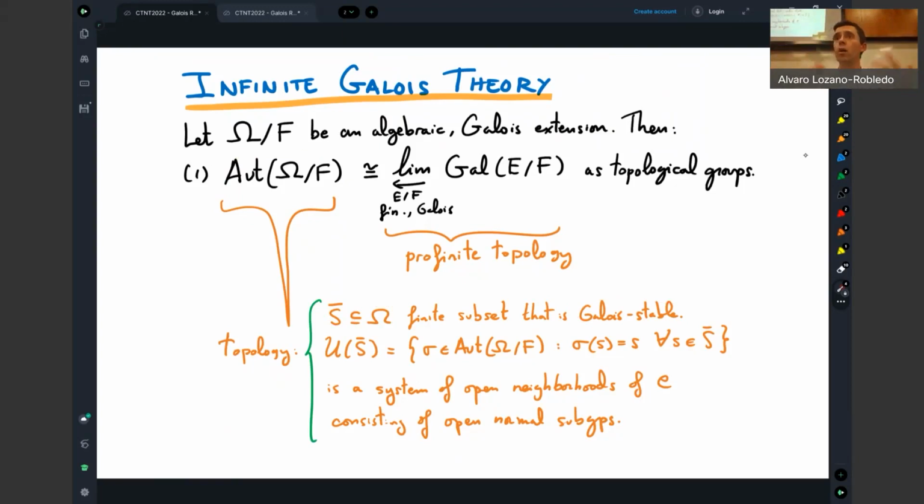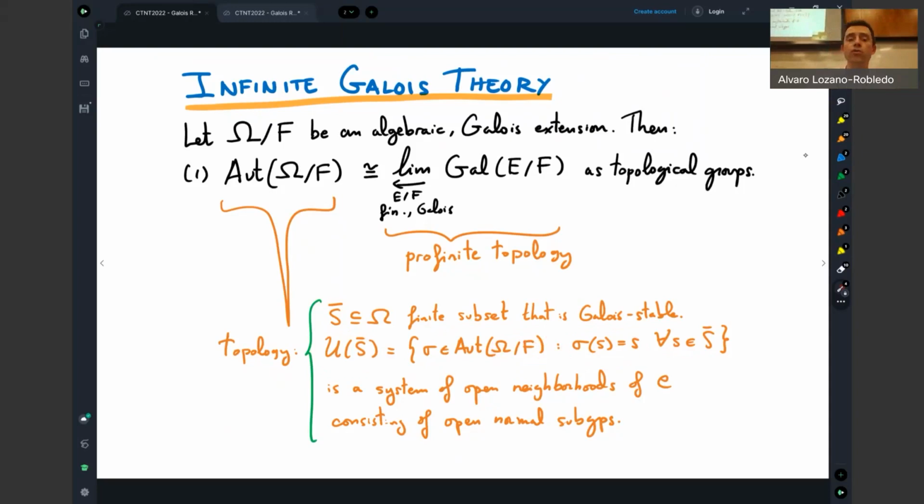So it's Galois closed, meaning all the conjugates of every element in S are in there, but just make that finite. Then I'm going to write as an open the automorphisms of my extension that fix every element in that finite set.